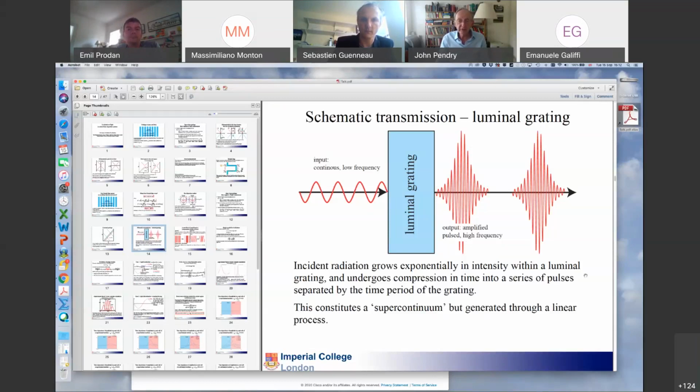So if you're going to create photons, which you're going to add to the incident photon, then you've got to create them in pairs. And you find that when you inject light at an angle into the system, what it does in fact is produce two beams.